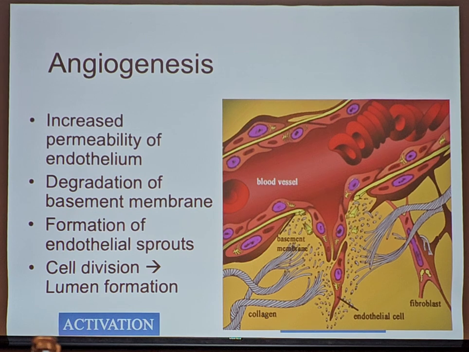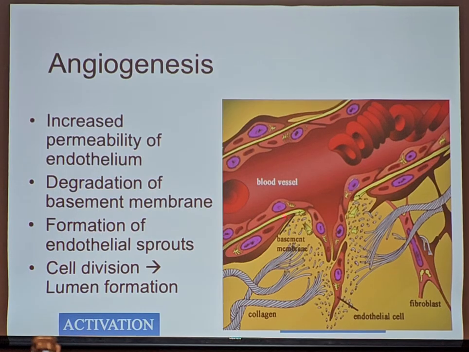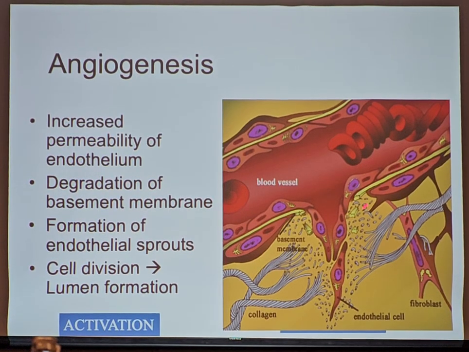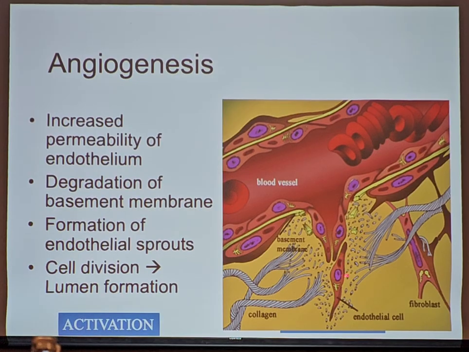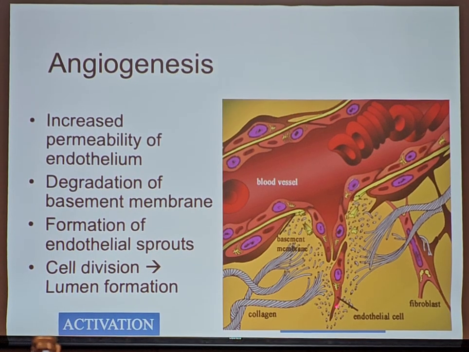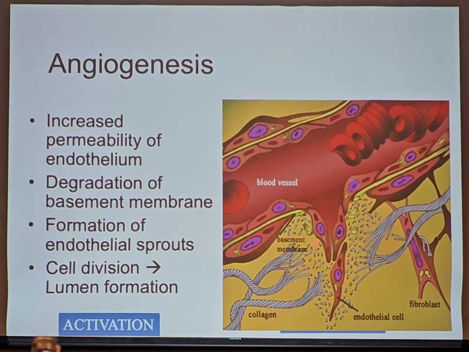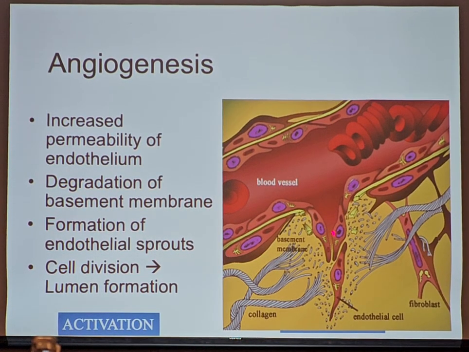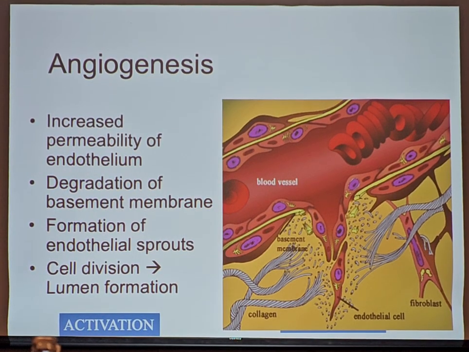The first process is, let's call it the activation phase, where you have an increased permeability of the endothelium, the basement membrane degrades, and now you will have the formation of endothelial sprouts that move towards where VEGF is present. And due to cell division, we will have luminal formation. Okay? However, this has to stop at one point in time.